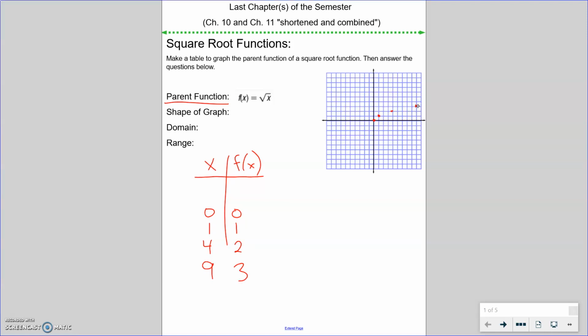Now you might be wondering, since we just came off of quadratics, why I'm not doing the plus or minus thing. For this particular chapter, just do the positive versions. I wish I had more time with you guys to explain the why behind it, but the main reason is if you do plus or minus, then it's not a function, because you get a shape that looks like this, and you can't have a function that has 2 y values for 1 x value.